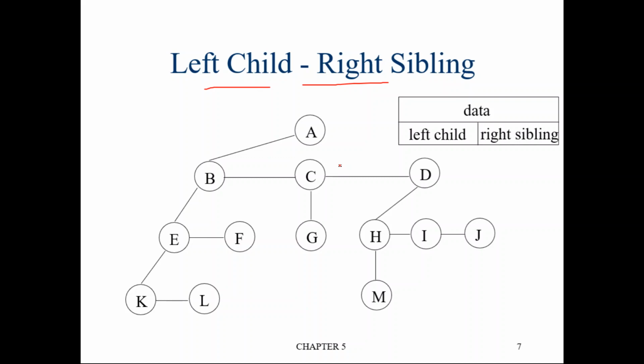All the right siblings: if a particular node is a right sibling of some other node, then rotate it clockwise by 45 degrees.